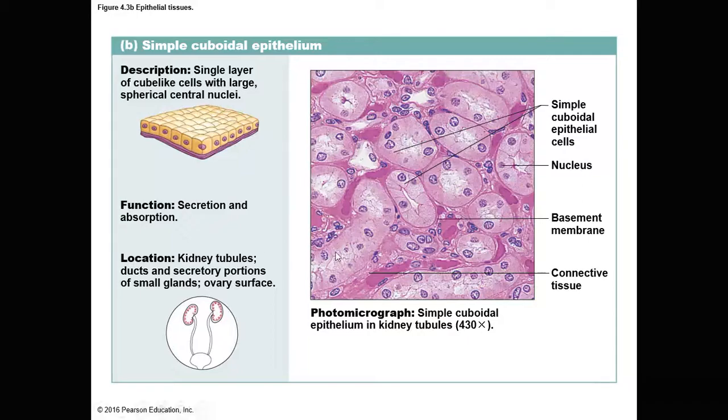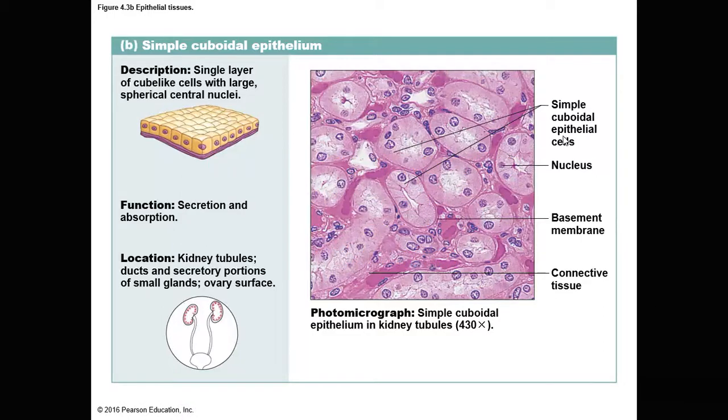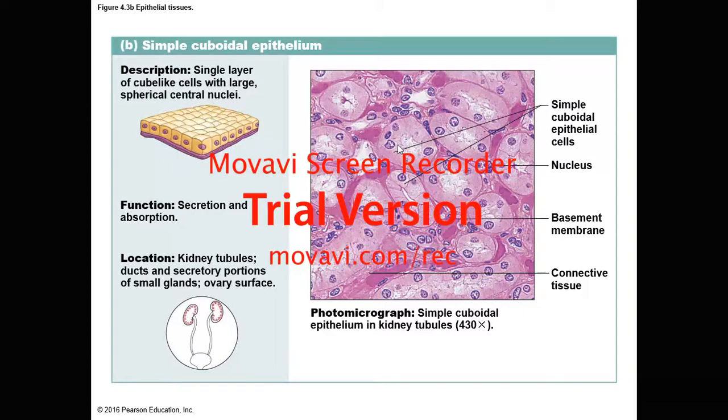So here is a graph of the simple cuboidal epithelium in kidney tubules. You can see the simple cuboidal epithelial cells, and then you can see the connective tissue.